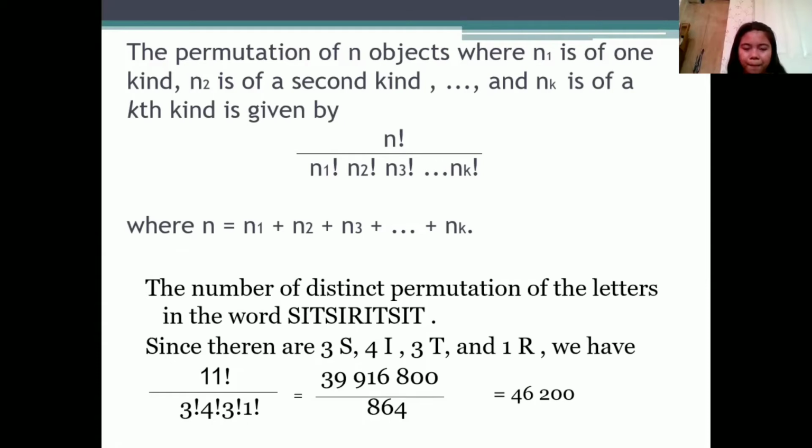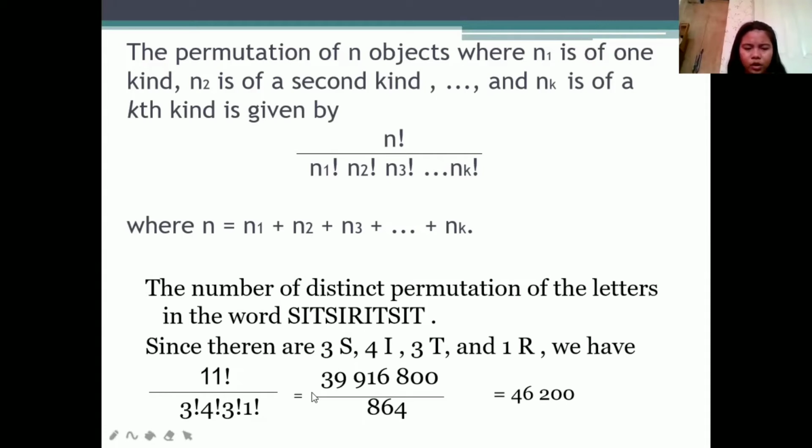Okay, our n here, or the numerator, is the total number of characters in the word. 'Sit, sirit, sit' has 11 characters. So that's why our n is 11. Then our denominator: since we have 3 s's, we put 3 factorial times the 4 i's, 4 factorial, times the 3 t's, 3 factorial, times 1 r, 1 factorial.